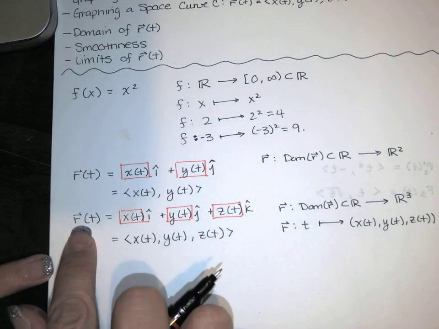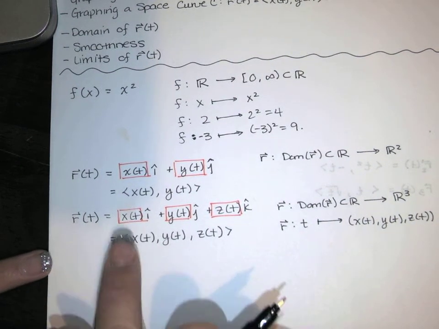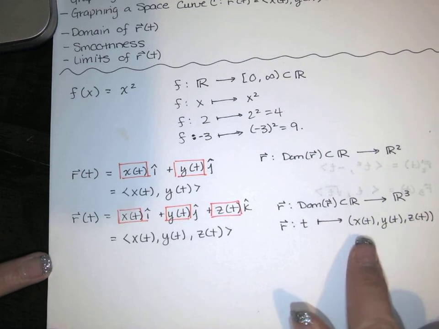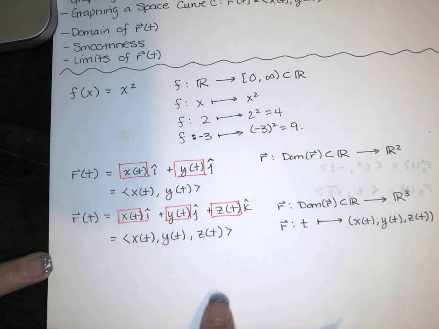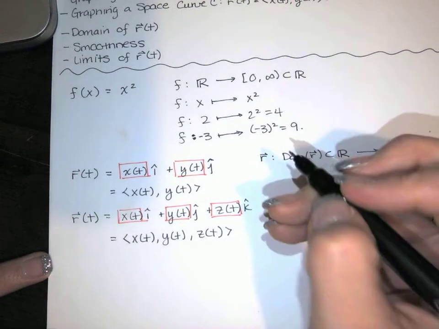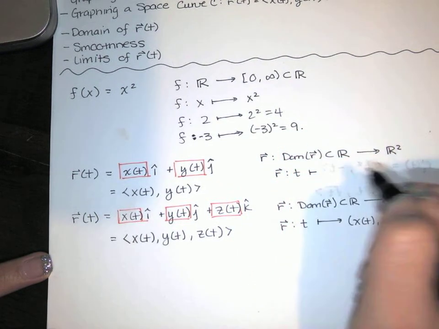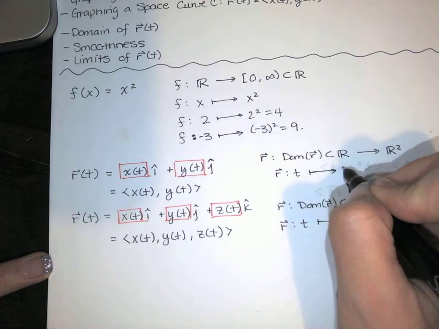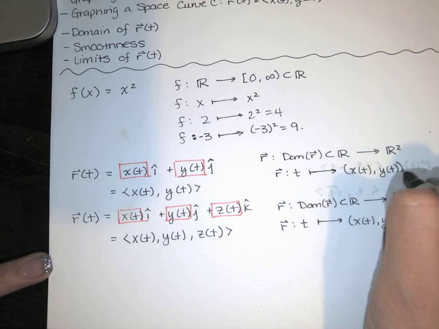But r of t is a vector. And this vector r of t points to a particular point. If we're in 3D, it points to x of t, y of t, z of t. If we're in 2D, r of t starts at a number t, and it points to a point x of t, y of t.